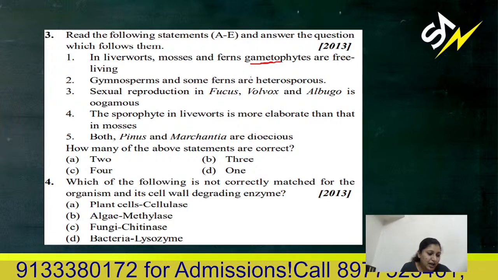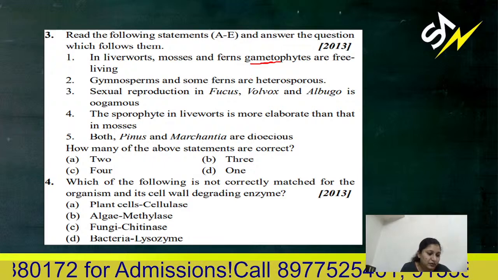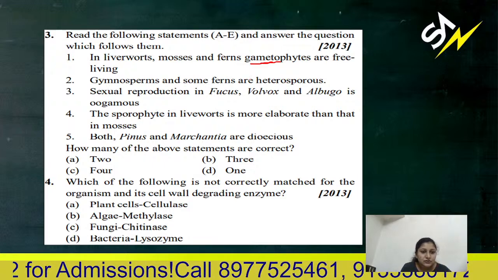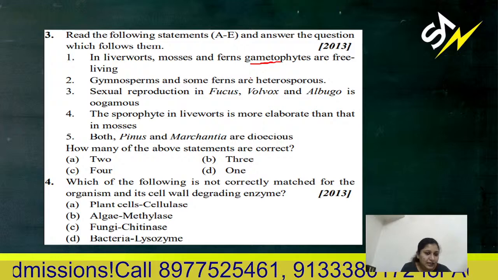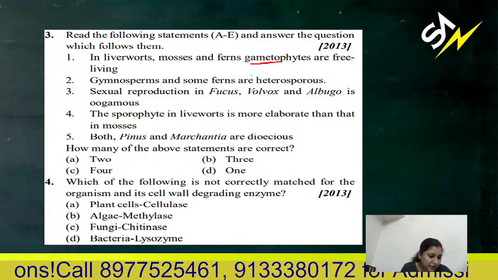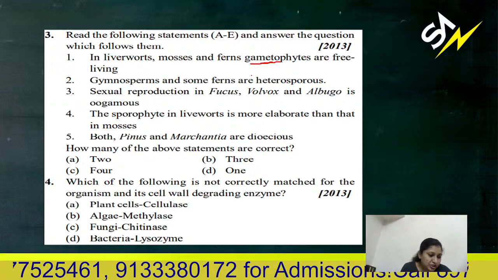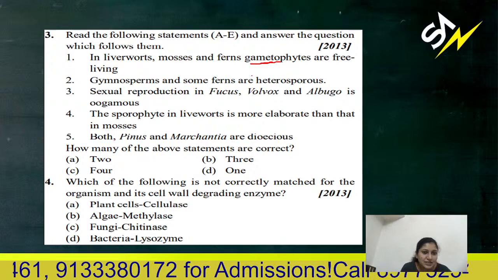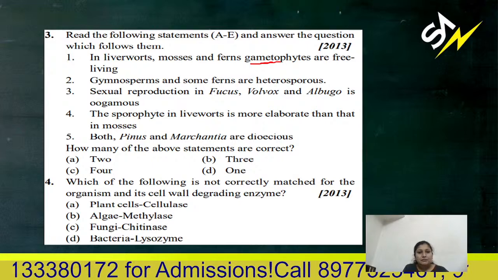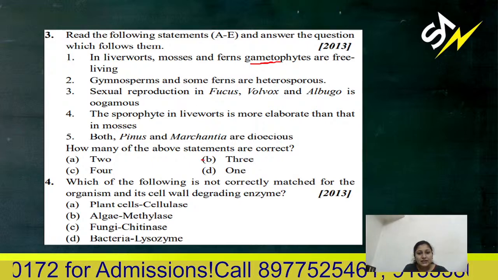Sporophyte in mosses is more elaborate than that of the liverwort. Then about Pinus and Marchantia: Pinus is monoecious and heterosporous and Marchantia is dioecious. So that's why only 3 are correct.